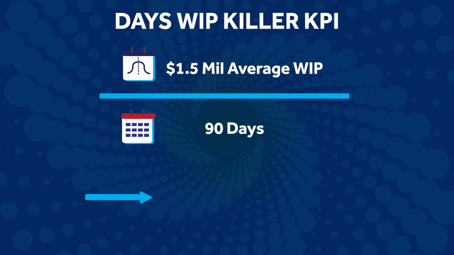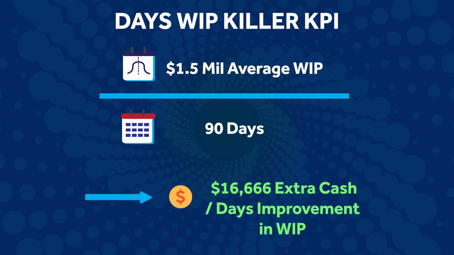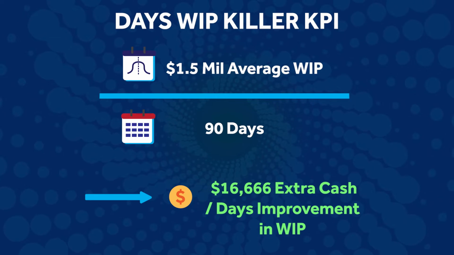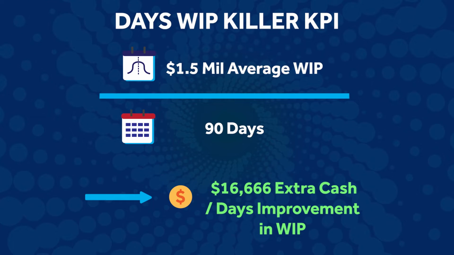That's $16,666 of extra cash we would have available to us for each day's improvement in work in progress. So it's crucial you quantify that number. And then secondly, what are the strategies we're going to put in place to reduce that 90 days in this circumstance, which is what we're going to go through next.